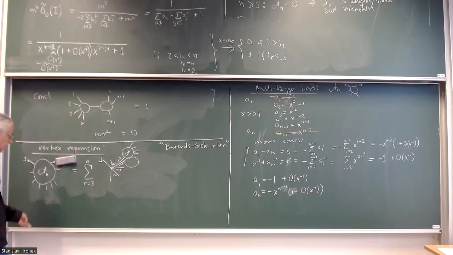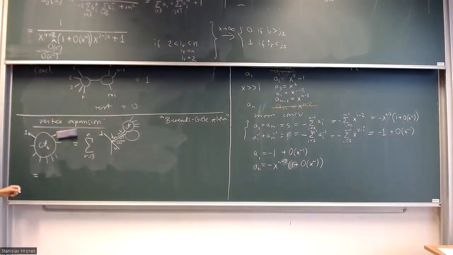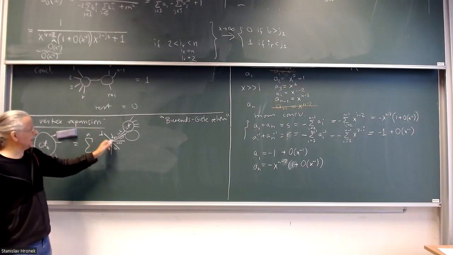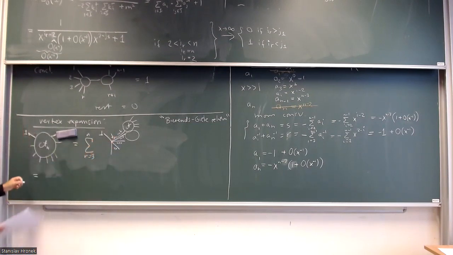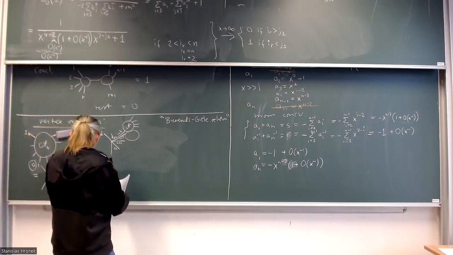So, in more detail, we have various possibilities. The first possibility is that all the legs are external. So that will be the first contribution. That will of course be lambda, so the first one will be 1, and then lambda n, and then just the external legs. So let me call that 0: there are 0 internal lines here. That's the first thing that can happen. The next thing that can happen is that we have 1 internal line.